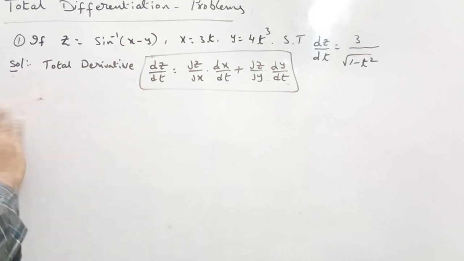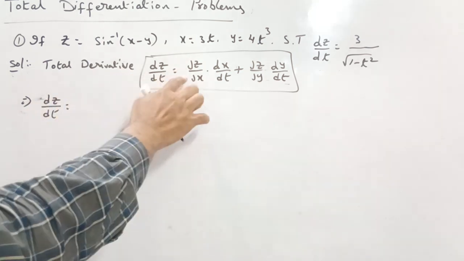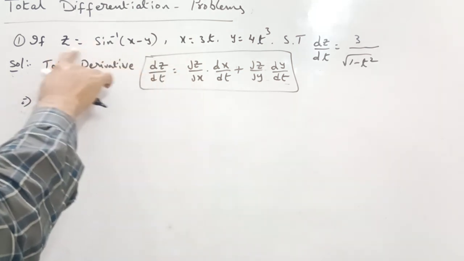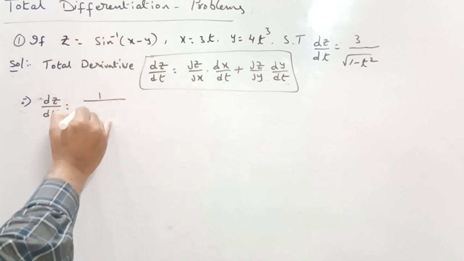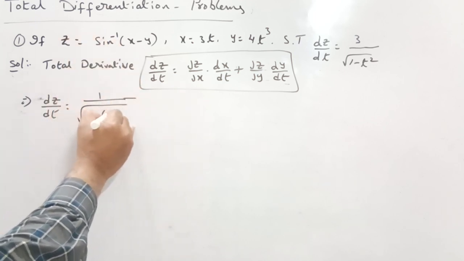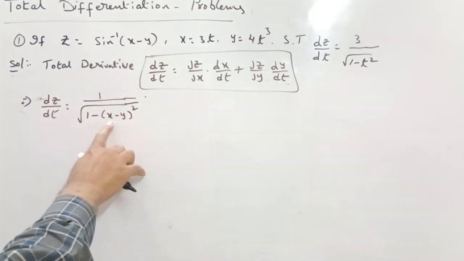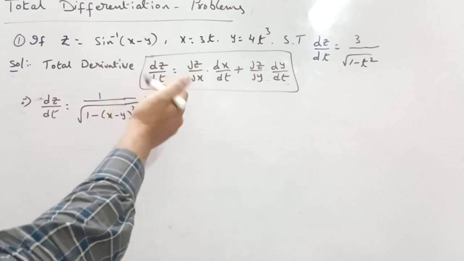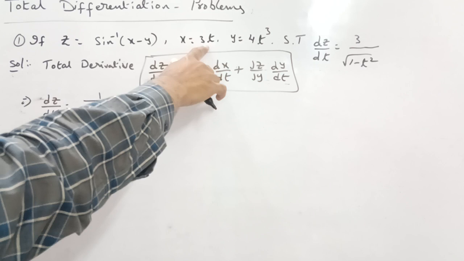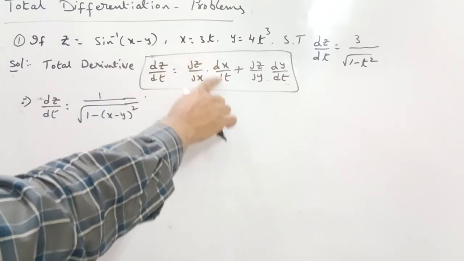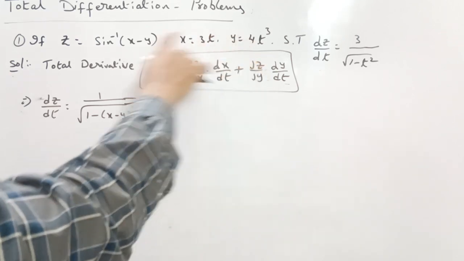So dz by dt is equal to dou z by dou x. This is the z value, you have to differentiate with respect to x partially. Sin inverse differentiation is 1 by square root of 1 minus (x minus y) whole square. Again, chain rule for this part: x is 1, y is 0, so you get 1 only, into dx by dt. dx by dt, x is 3t, so differentiation with respect to t is 3, plus dou z by dou y.